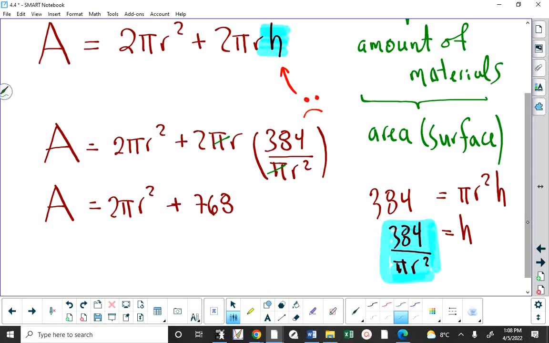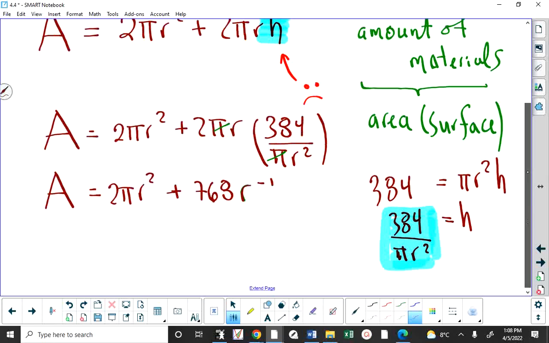And we have r on the top and r squared on the bottom. R divided by r squared is 1 over r. Or, to prime this so that we can differentiate it sensibly, r over r squared is r to the negative 1. So this is the formula for the surface area of the can, which represents the amount of material in terms of the radius of the can.